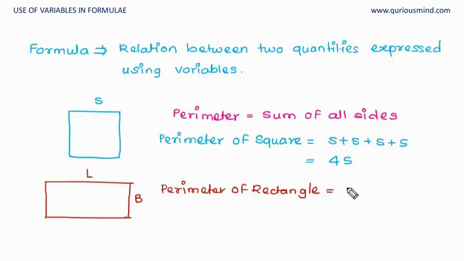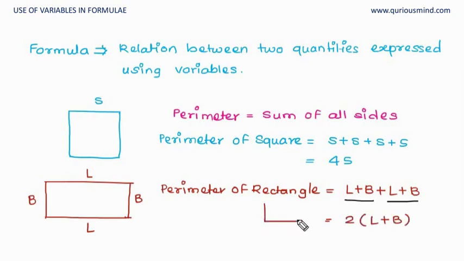So perimeter of rectangle would be L plus B. Now this is also L because opposite sides of rectangle are equal. Opposite sides equal, so this is also B. So this is L and this is also B. So L plus B plus L plus B, and which shows us that we have 2 times L plus B. And this is the formula for perimeter of rectangle, and this is the formula for perimeter of square.